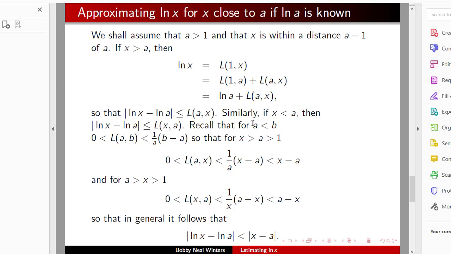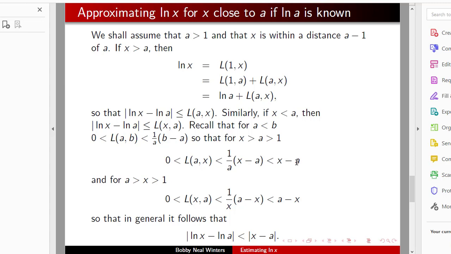Okay. Now recall that for a less than b, I have 0 is less than L of [a,b] is less than 1 over a times b minus a. So this means that for my x bigger than a bigger than 1, I can say that my L of [a,x], a positive number, is less than 1 over a times x minus a, which is less than x minus a.